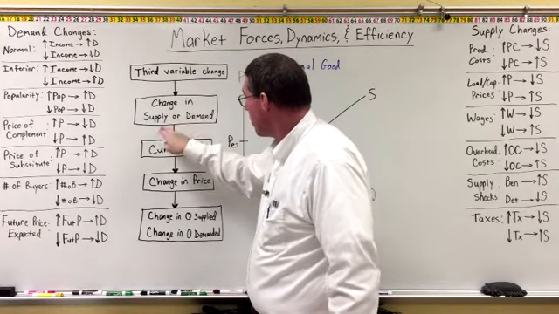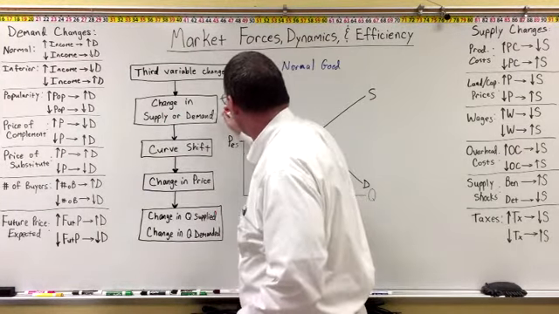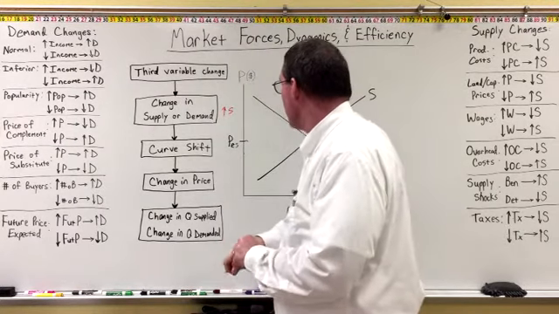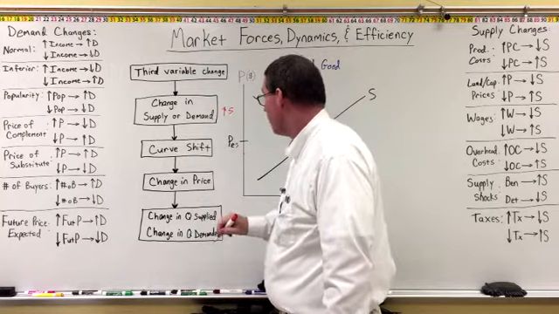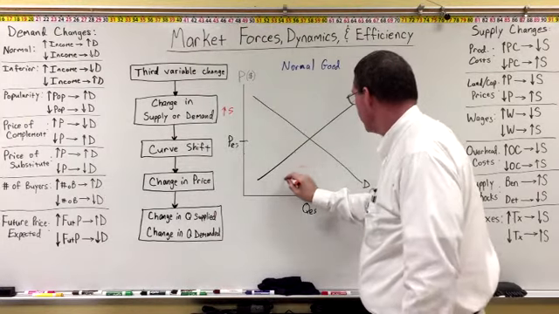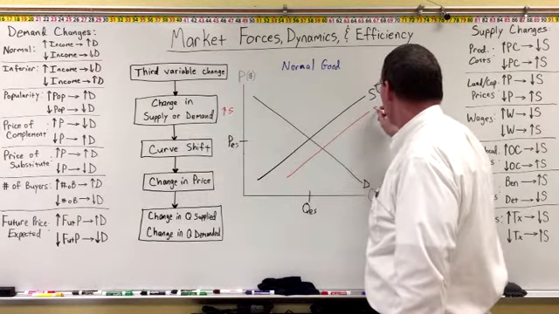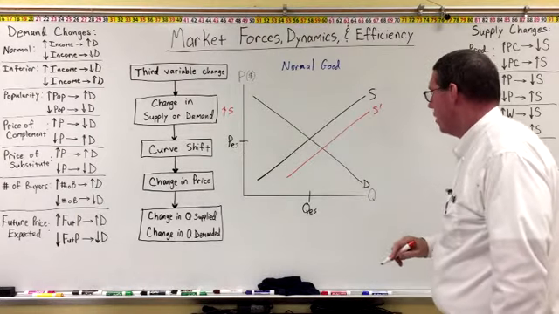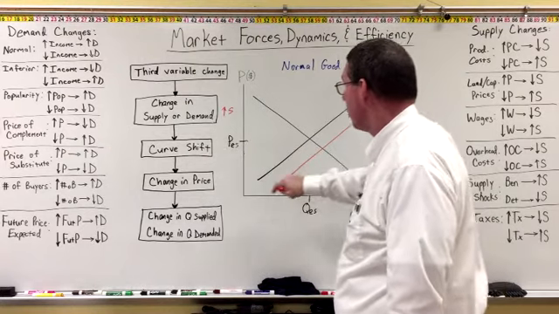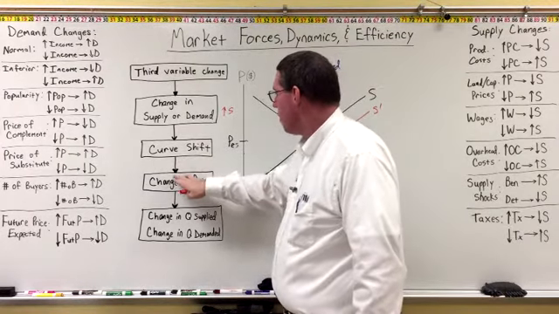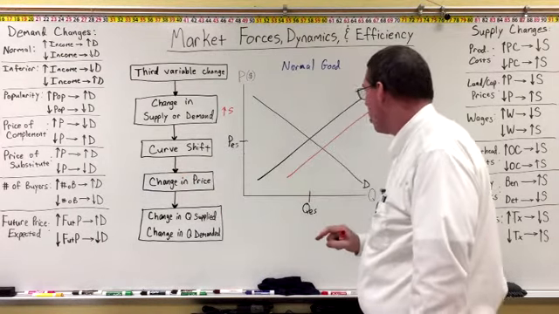So that increase in supply is going to cause a rightward shift of the supply curve. So the supply curve is going to shift over to the right, and we're going to call that S prime. Now, with the new position of the supply curve, that's now going to cause pressure on the price in the market.